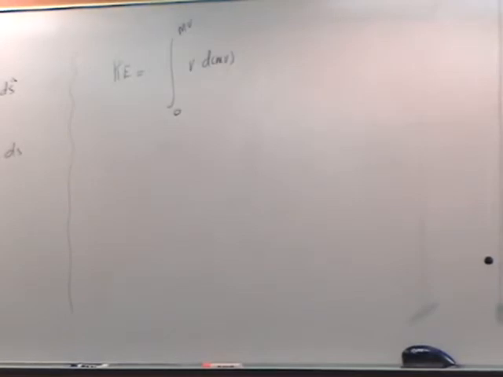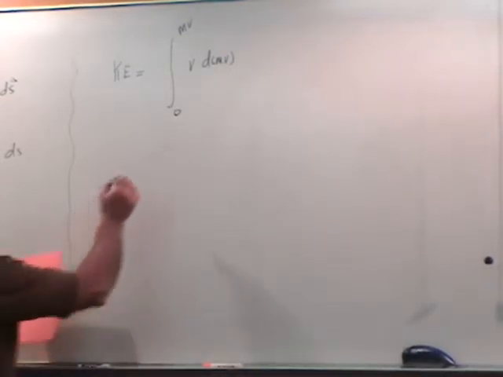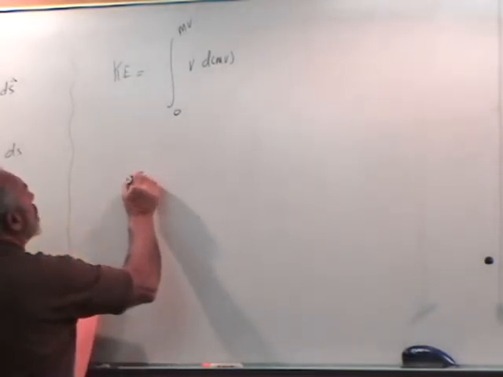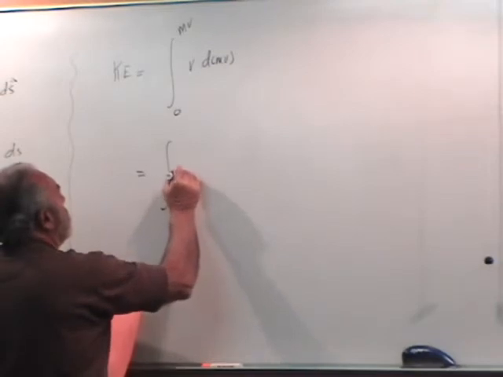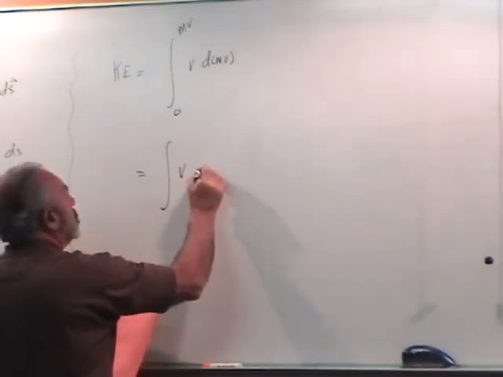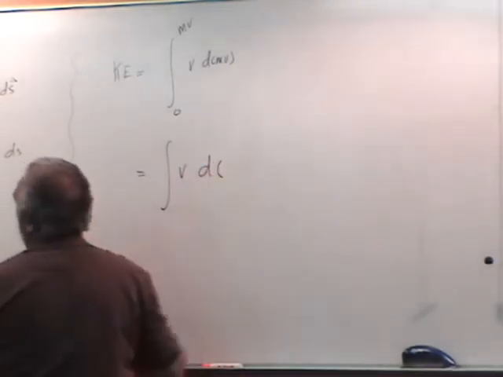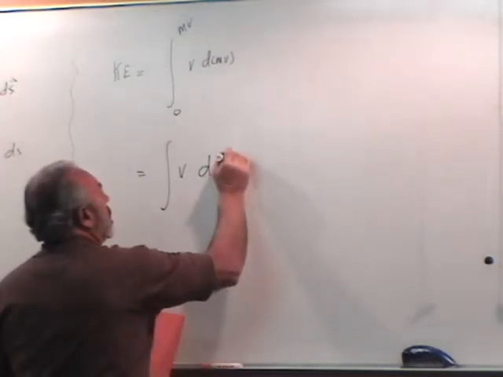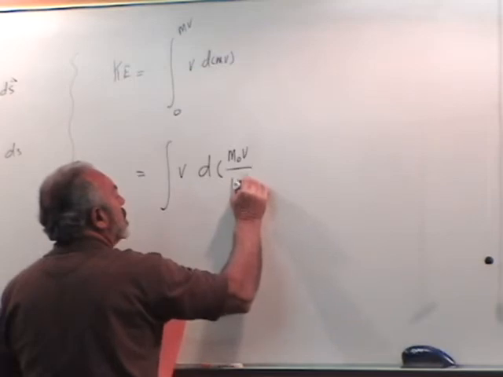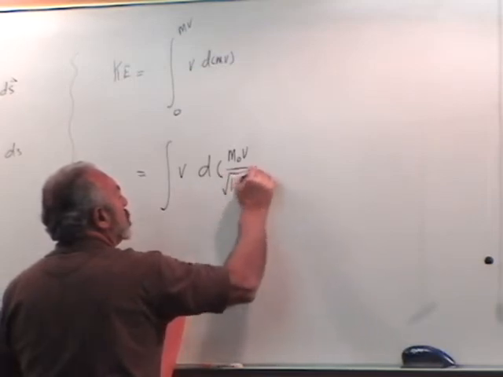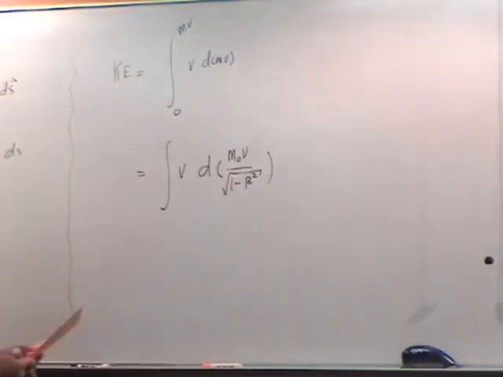But don't forget, when we're putting in mv, we've got to put in this one here. So let's be quite specific about that. We put in, then, the integral of v times d of m naught v over the square root of 1 minus beta squared, like this.